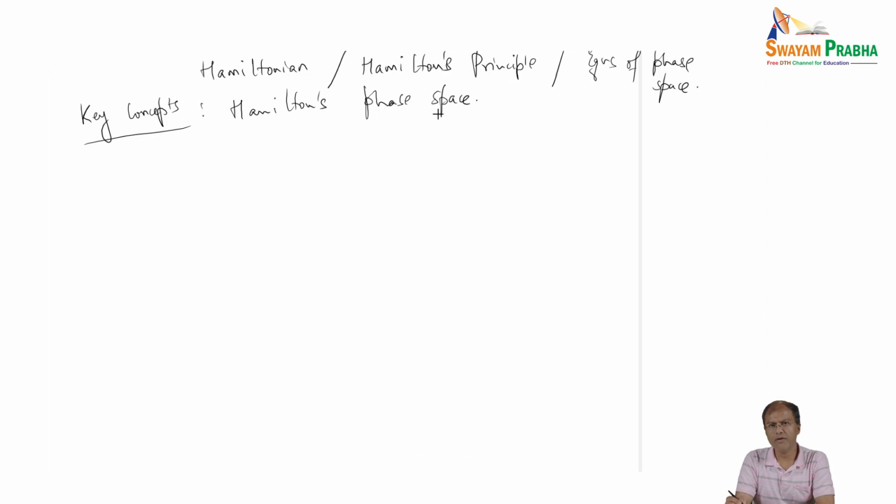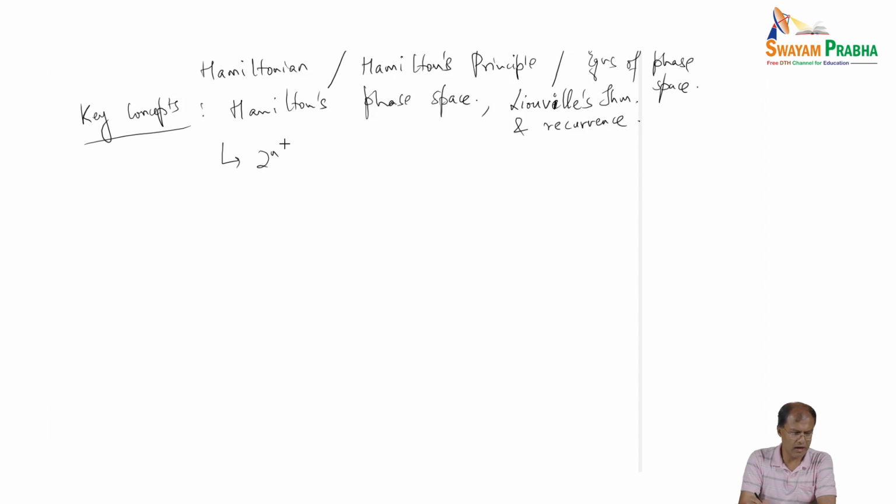Again, when studying the Hamilton's phase space, we will revisit the concept of generalized momentum, right? And then we will also look at a result in the form of Liouville's theorem and recurrence, and we look at the second order Lagrange equations, which are second order PDEs.